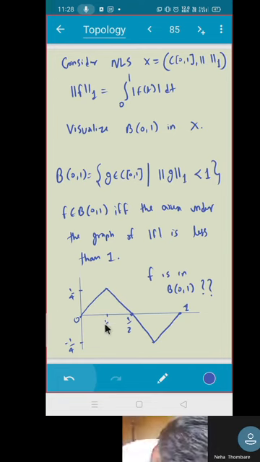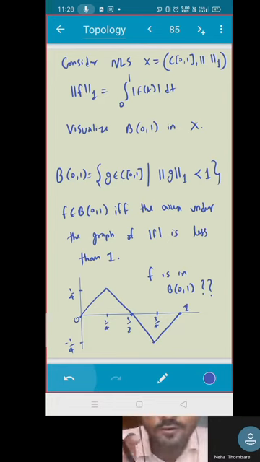You can say this is 1 by 4 and this will be 3 by 4. What are you supposed to do here? The first thing you are supposed to do is find the area of mod f.